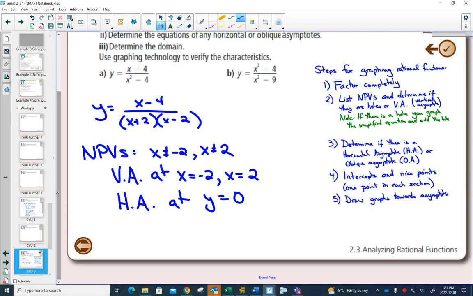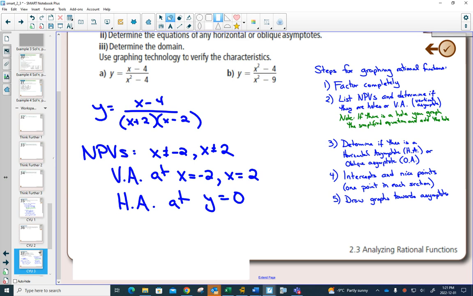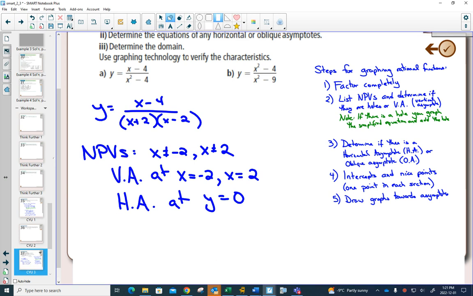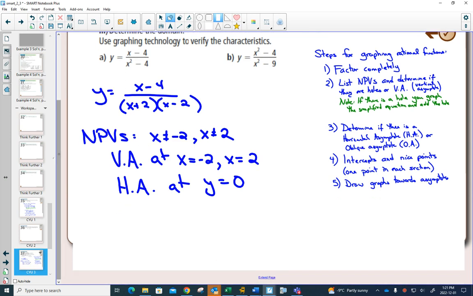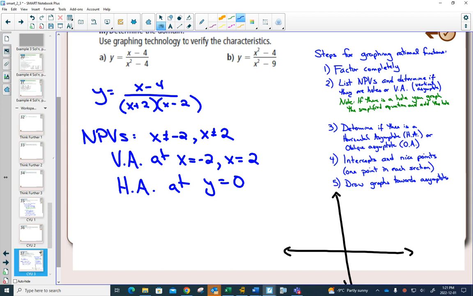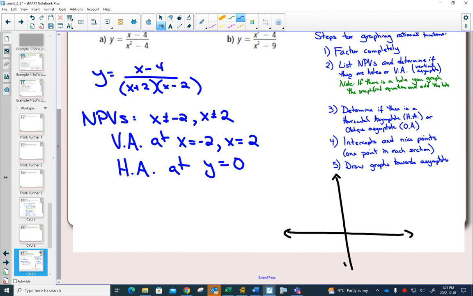Once you've got all your asymptotes, that is the time where you can start drawing your graph. I'm going to draw my graph off to the side here. We already know we have vertical asymptotes.